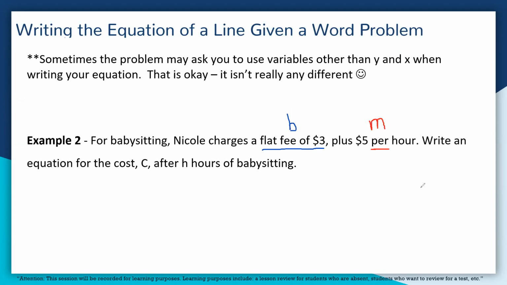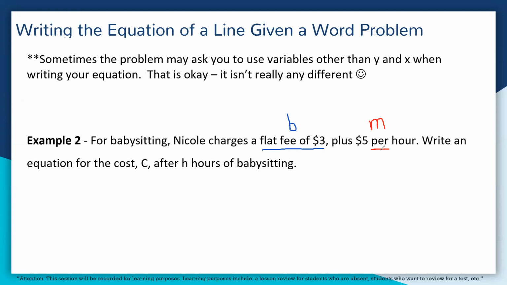Now, we're using C and H as our variables. How do I know which one is the total, which would be Y, and then which one is our X? Well, when we're writing our equation, we're going to end up figuring out how much Nicole is going to get paid.